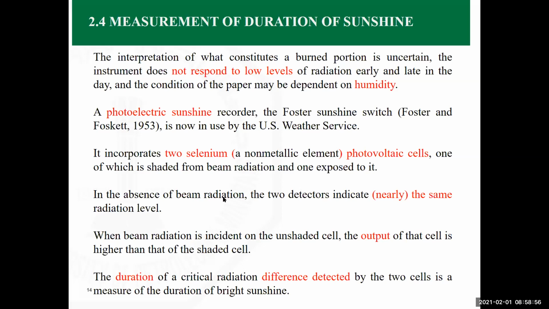If there's no beam radiation at all, both are going to indicate the same reading. But with beam radiation on one of them and the other covered, you measure the difference, where the critical radiation difference between both is a measure of the duration of solar radiation over the day.